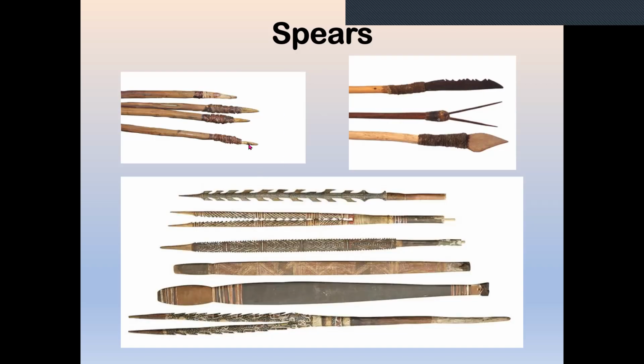So you can see here, so that they wound their, whatever they use for the pointy bits. They had them wound with tendons, and then used wax, hot wax, to seal it with.